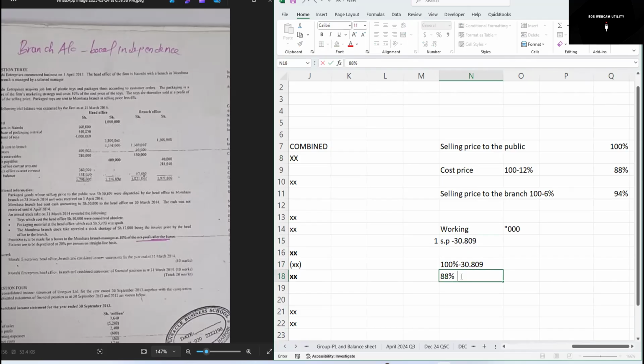So our 88% will be 88 multiplied by 30.809, divided by 100. So this will be our cost price. Put 2 decimal places. This is our cost price.